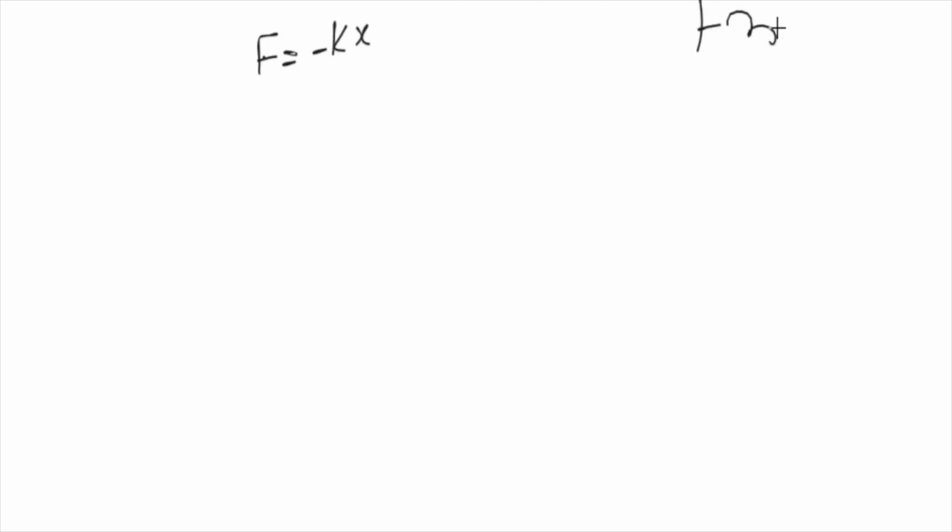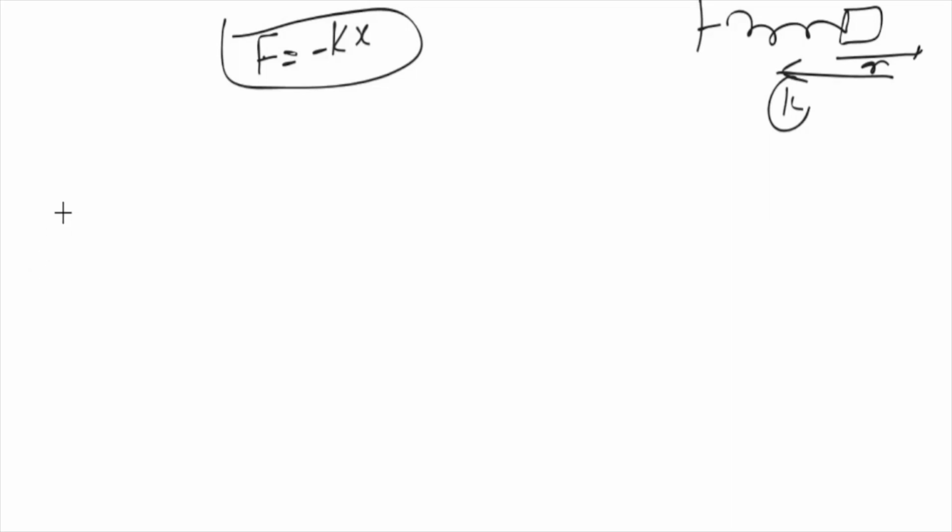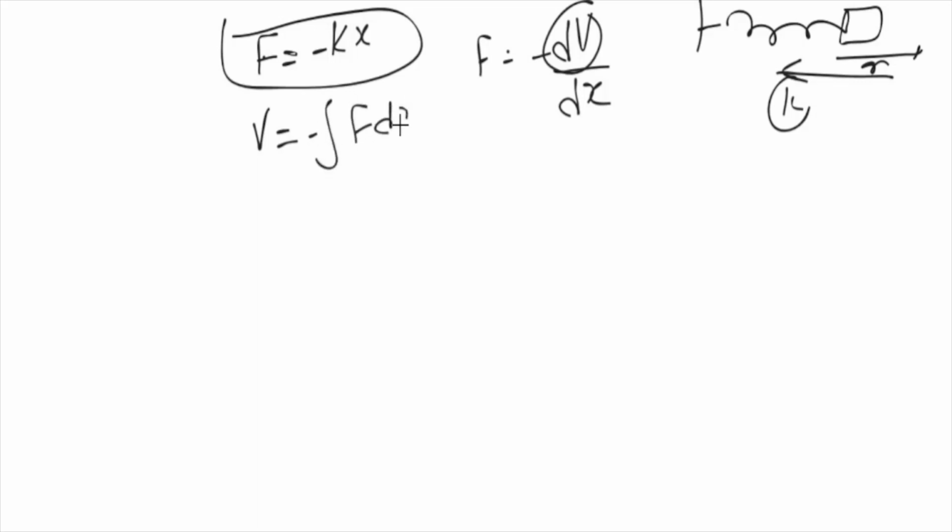Why? The spring is like this, here is the particle m. If it is moving here, it will come back. k is the spring constant, then F can be written as F is equal to minus kx. And F can also be defined in terms of V, and we know F is equal to minus dV upon dx. And we can define potential energy from here: V is equal to minus the integral of F dx.